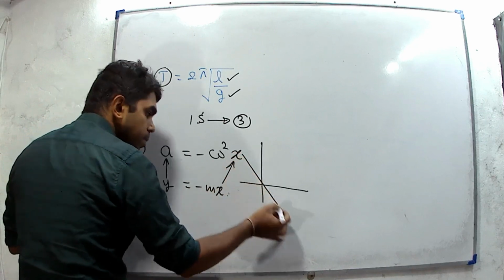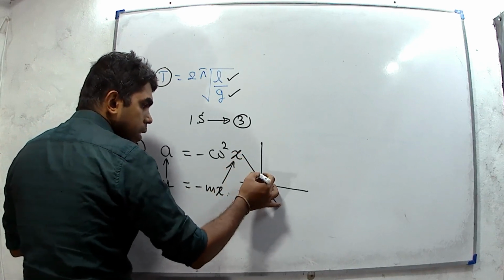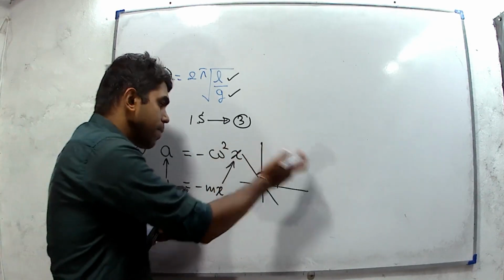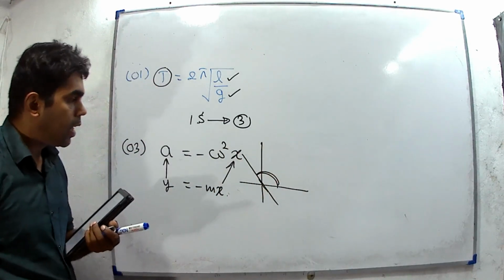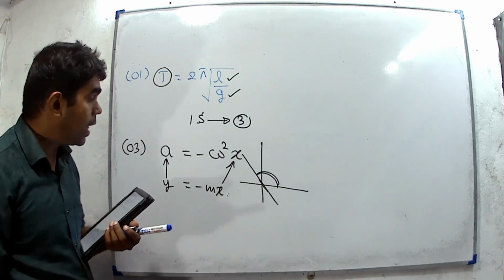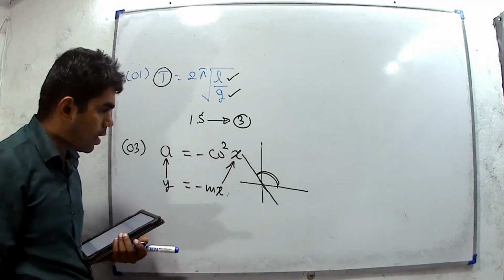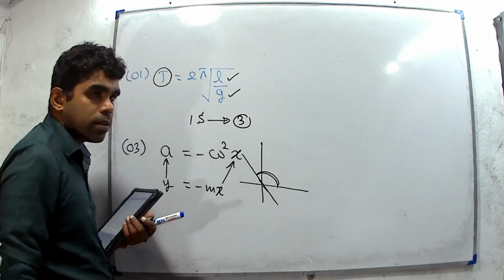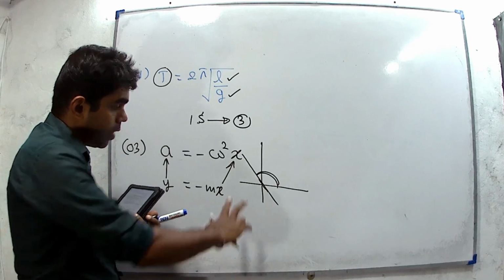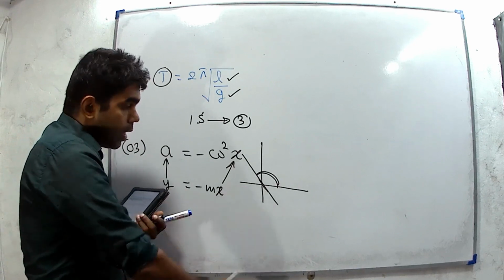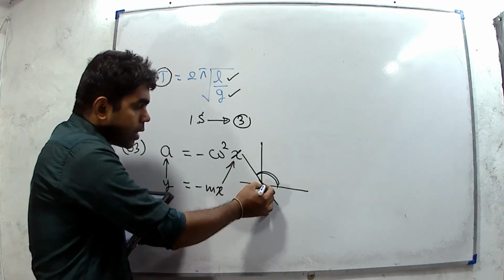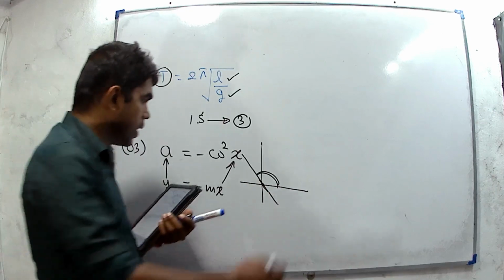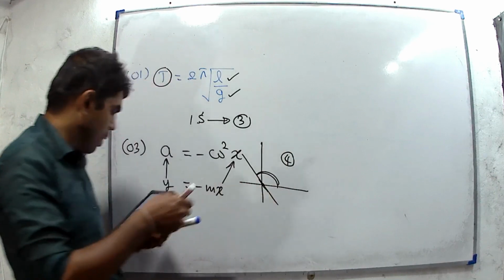Therefore, this angle between the graph and the positive direction of the x-axis should be an obtuse angle. We know that it is a negative gradient, and there is no intercept, the c value. Therefore, it should pass through the origin. Intercept is 0. Then answer 4 is the correct answer for question number 2.